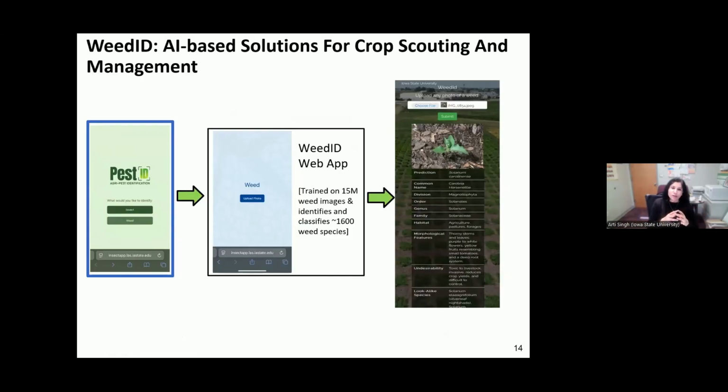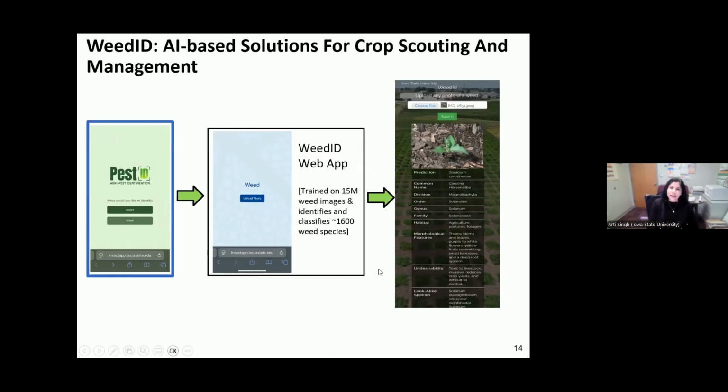We are training these models using self-supervised learning, where the models are not using labels in the initial phase, and they are using labels in the last phase of training. So the pre-trained model is not seeing any labels. What we did in the case of weed images, we trained this model using 15 million weed images. And we found that our model can identify these 1,600 weed species with very high accuracy of around 96%.